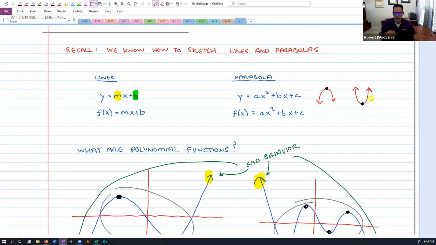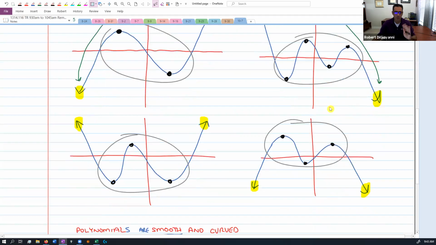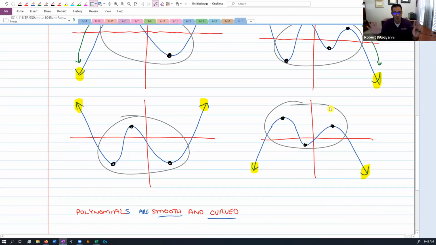So we could find the highest and lowest point on a parabola, but that's it. Once we get to the general polynomial, we have to wave our hand and say that's too hard for us to do here. And even in calculus, there's not a general formula. There's more of a process you go through to find those highest and lowest points.